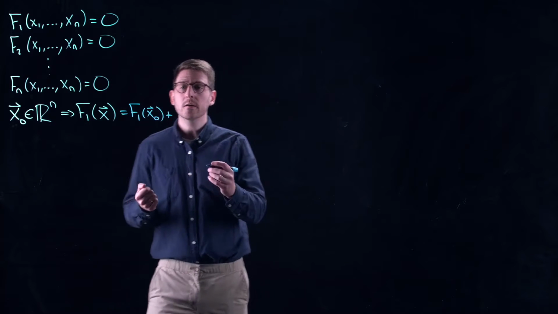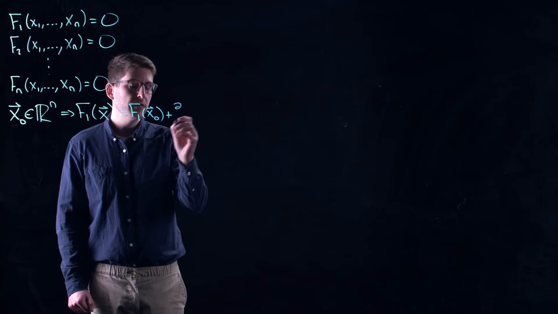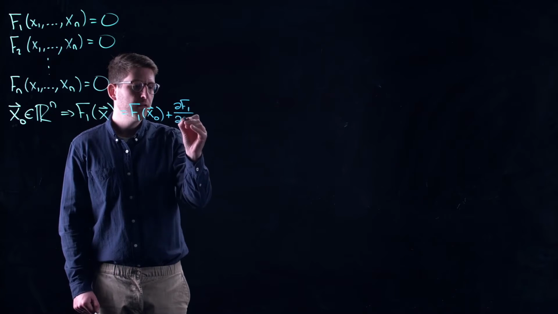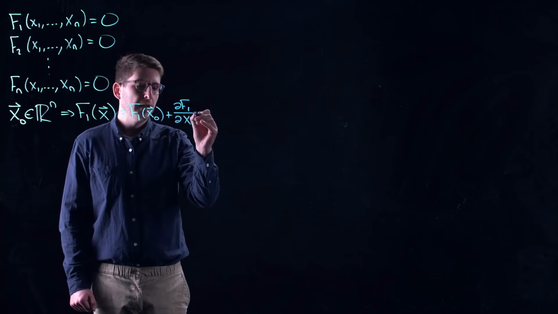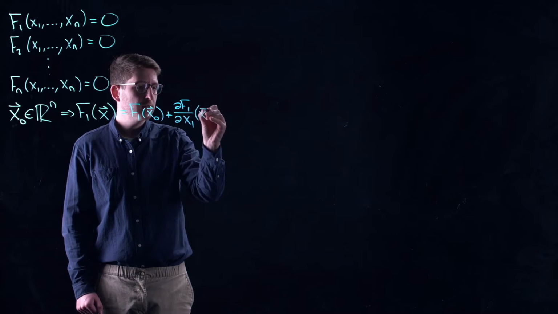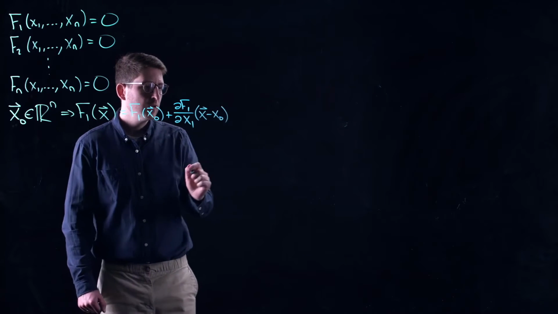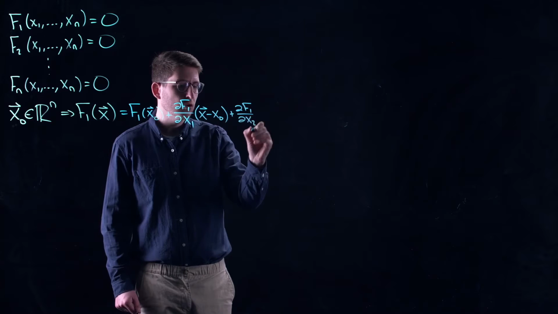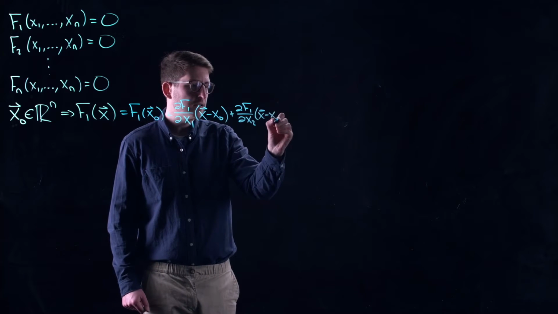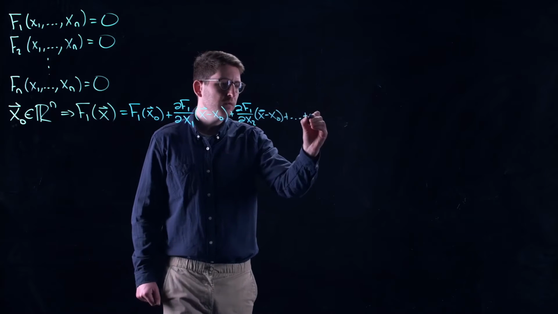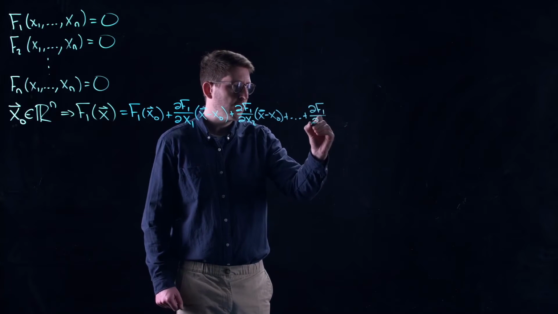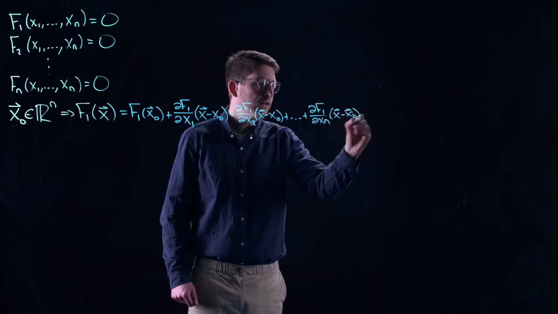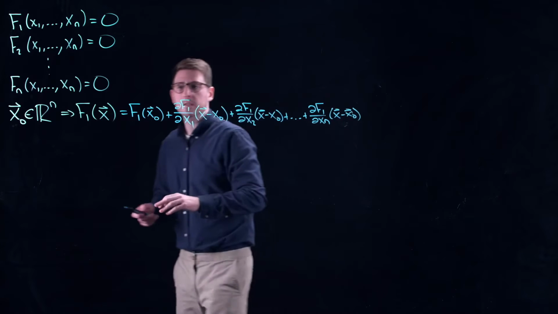It's going to be a little bit uglier, but this is going to be the partial derivative of f1 with respect to x1, and then x minus x naught, plus the partial derivative of f1 with respect to x2, and then x minus x naught. And you keep going until you get all the way up to the last variable, xn, x minus x naught. Okay, so the vector notation really here is the only thing that makes this ugly.